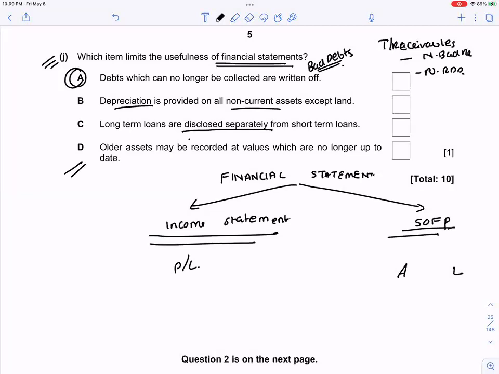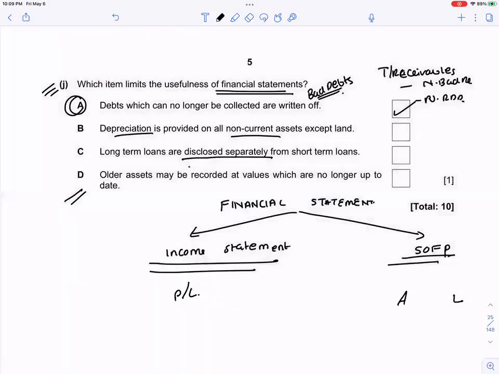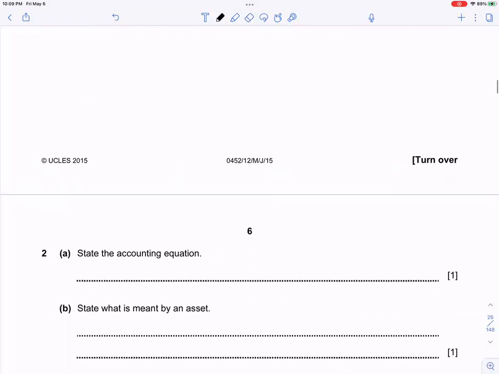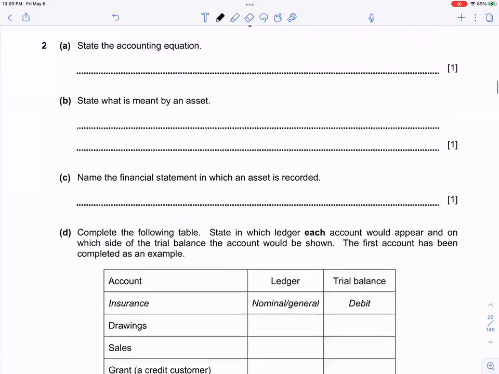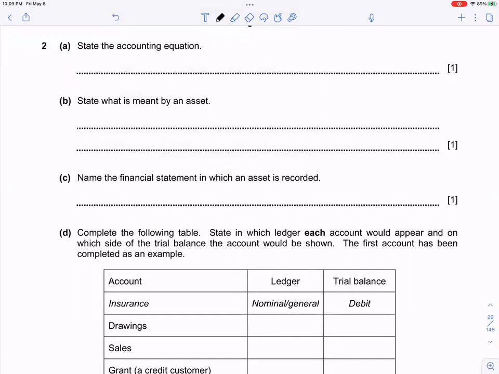Yeah. So A part, J is done. Come on, let's do the 2A part. Anybody knows the accounting equation? Miss, is it asset plus capital minus liability? Any nonsense you speak.